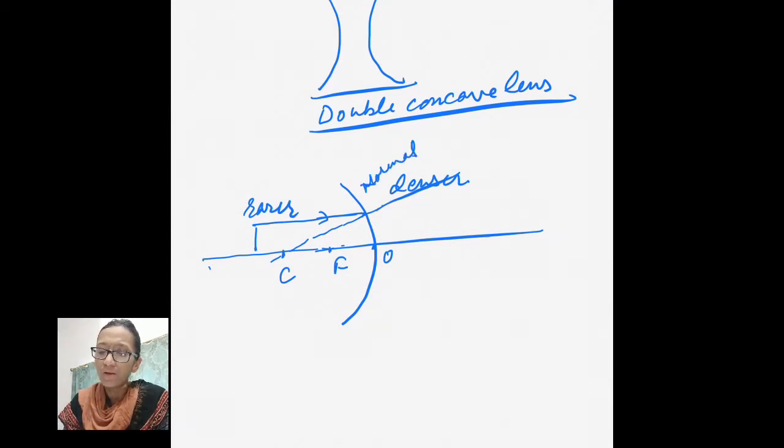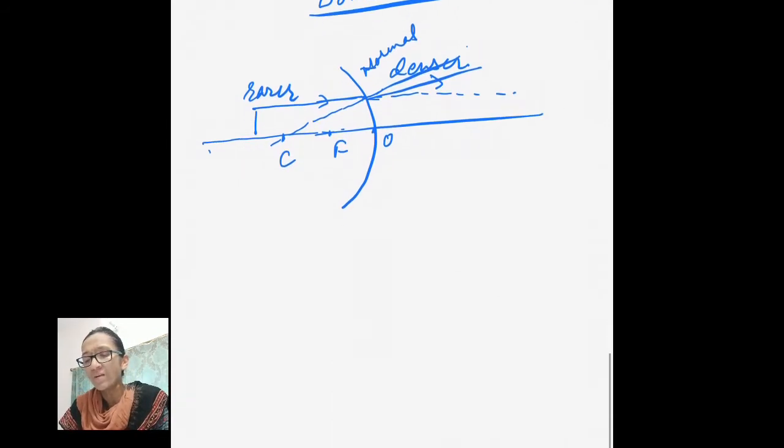This is your normal. So you know that when ray of light goes from rare medium to denser medium, it always bends towards normal. Here you have normal, and we will not go this way. We will bend a little bit towards normal in this way. So this is your first bending from the first surface.